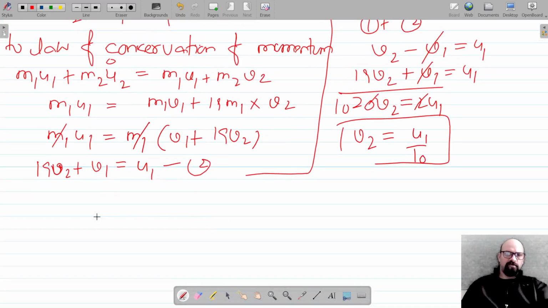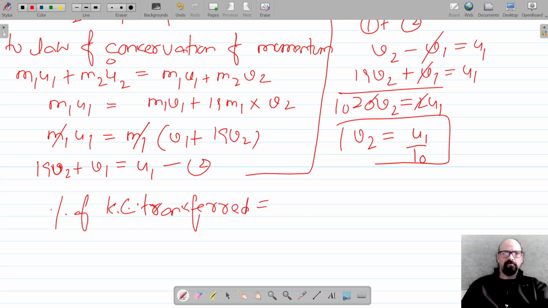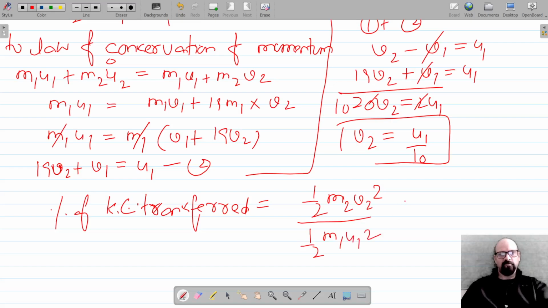Okay, we have got v2 in terms of u1, and now the percentage of kinetic energy transfer is equal to the final kinetic energy of the second body over the initial kinetic energy of the first body, multiplied by 100.